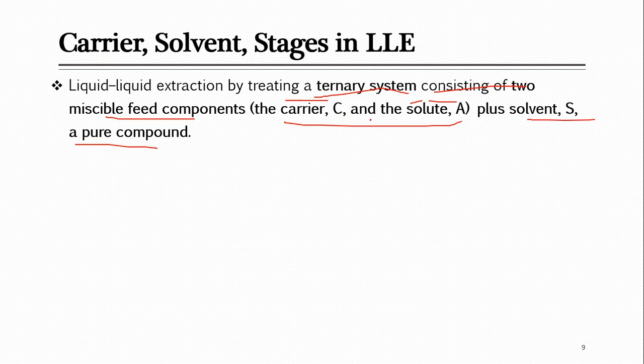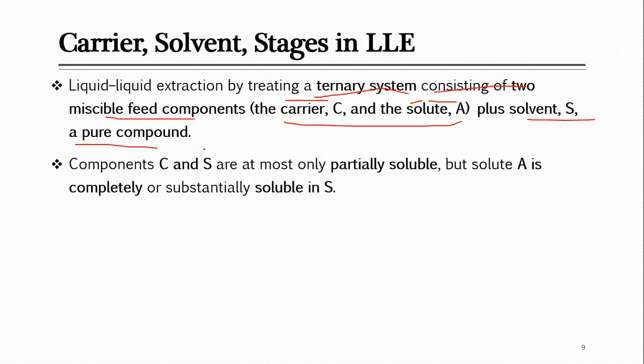It should not attract a large amount of the carrier. Although you can't avoid it completely, when you go for such systems in a liquid extraction process, you will see that some part of the carrier is also extracted, but the major part extracted should be the solute A. So here the components C, the carrier, and S, the solvent, are at most only partially soluble.